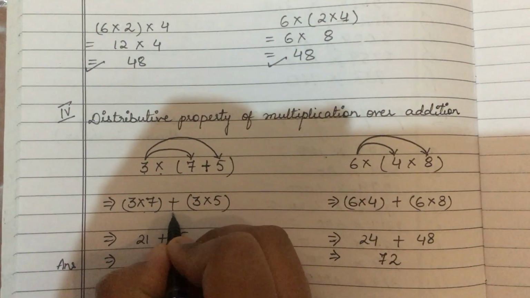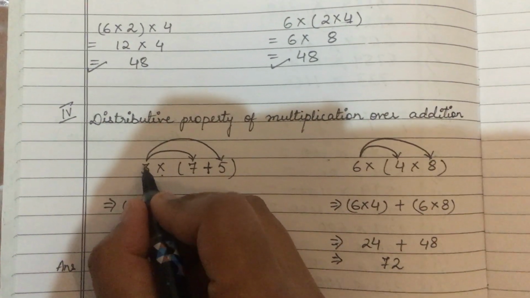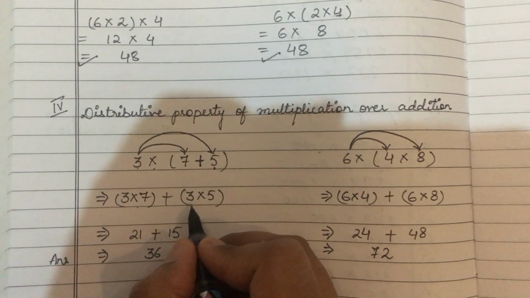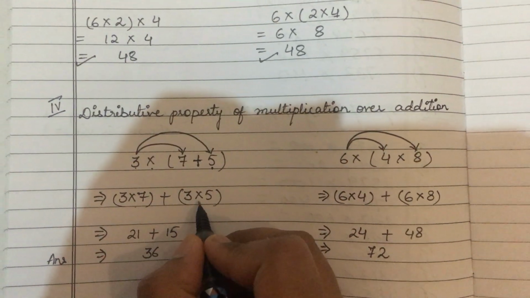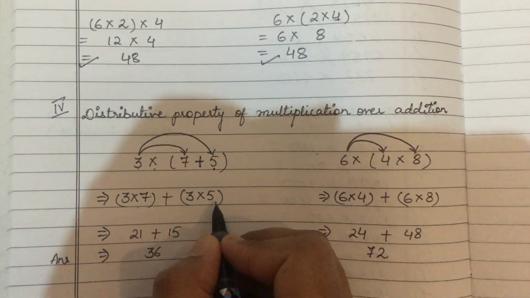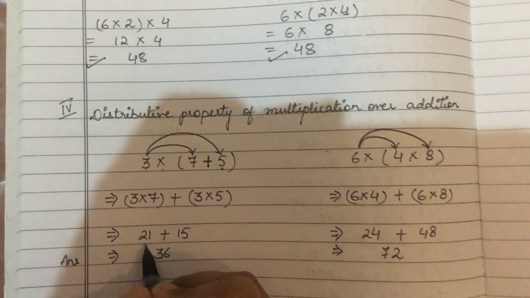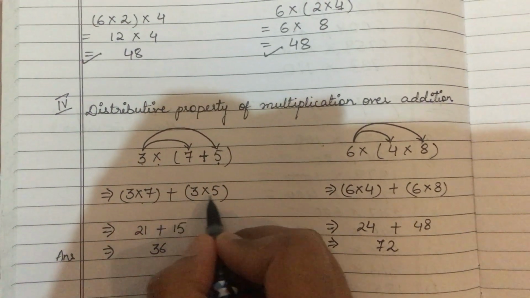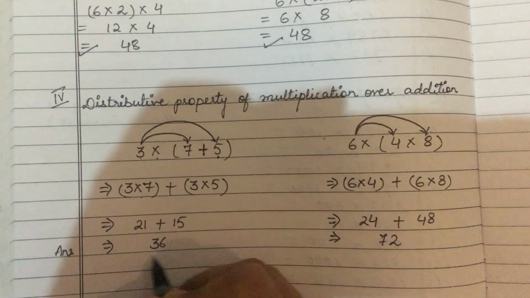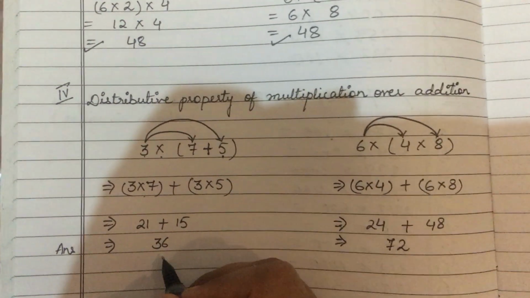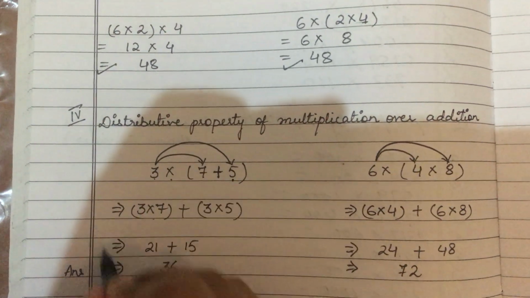Then 3 has to be multiplied with 5 also, so in the next bracket we write 3 multiplied by 5. Now 3 sevens are 21, plus 3 fives are 15. Let's add it. The answer is 36. Now this is known as the distributive property.